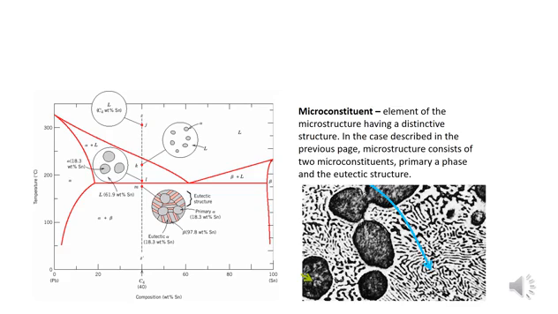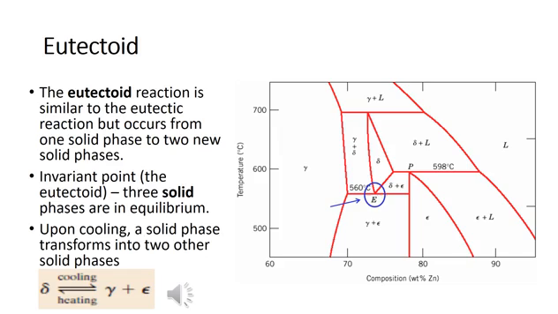And if we move to the region where we now have our alpha and beta solids, what we have is a structure that builds around our primary alpha solids, and a eutectic structure is formed or built around those primary units.